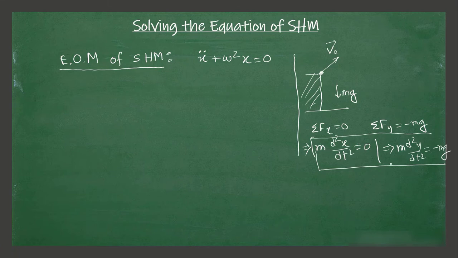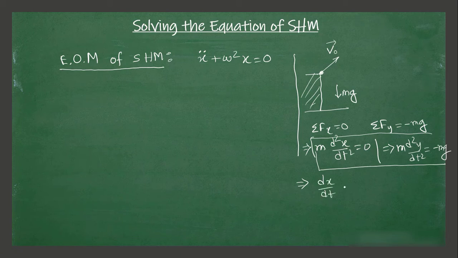Now we want to find the solutions of these equations of motion. You can see this is a double derivative with respect to time, okay? Now we have to integrate this twice with respect to time. Here in this equation you can see the mass cancels out because there is 0 on the right hand side, okay?